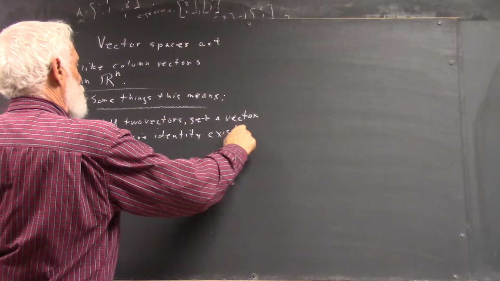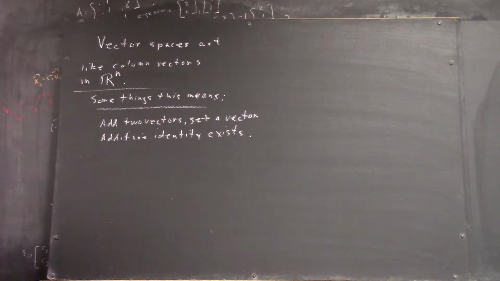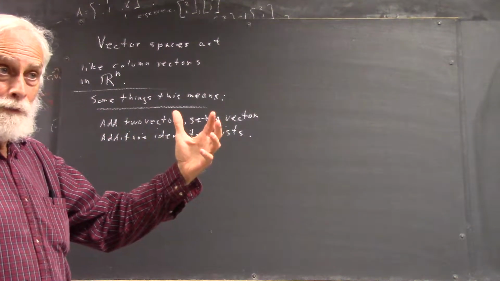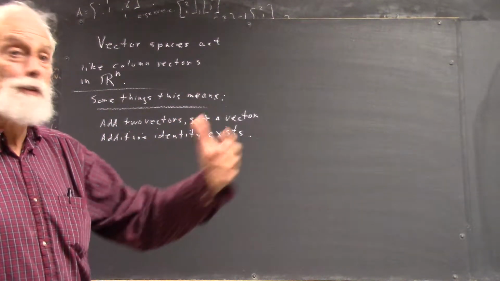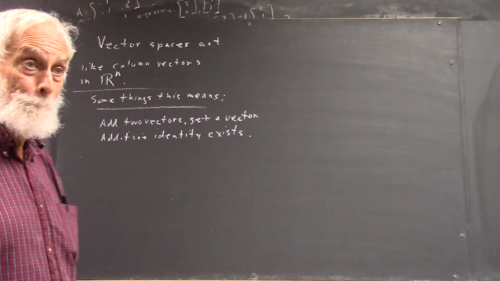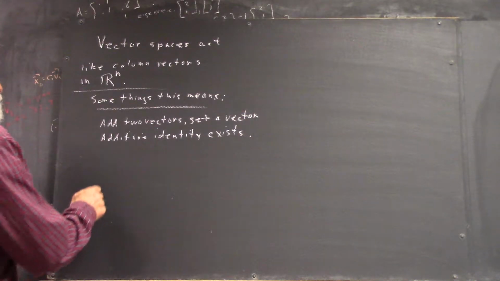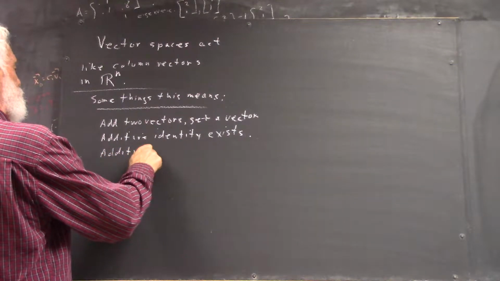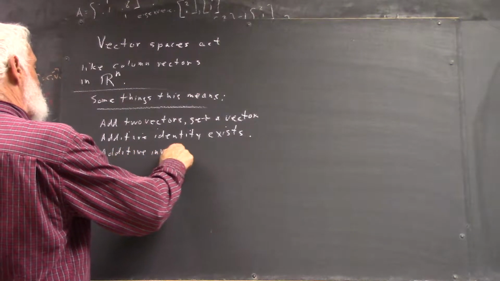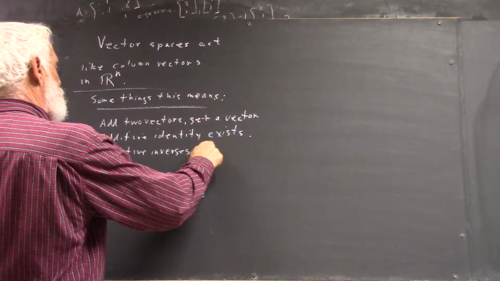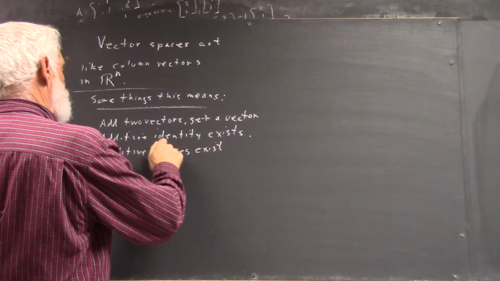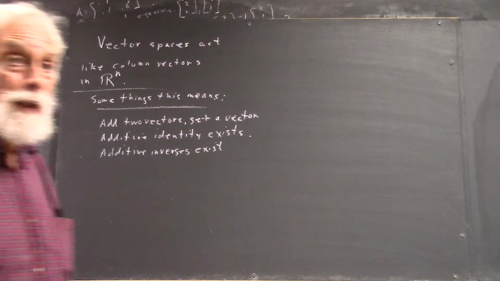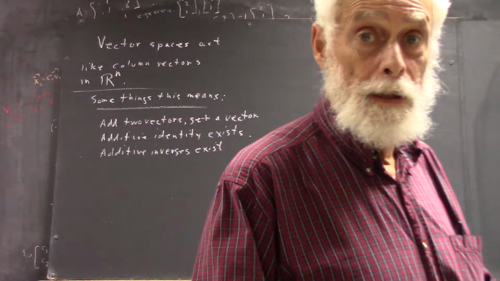An additive identity exists. That means a vector that you can add to any given vector, that you get the same vector back. Okay? And inverses exist. What do I mean by additive inverses? I mean two vectors that you add up to get 0.